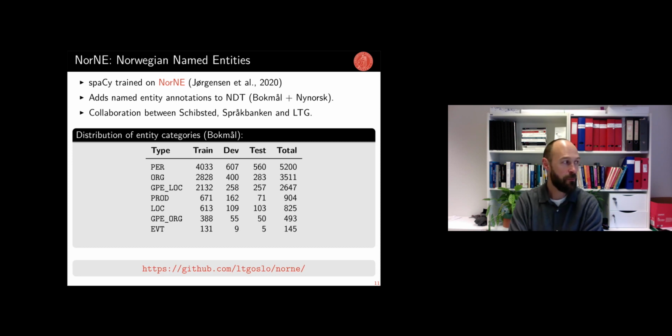So I think the previous example we saw with spaCy used in the demo, they used a limited label set. So Norge would maybe better have been classified as, if you use the full label set, a geopolitical entity in the location sense. Whereas locations in this NorNE dataset are typically reserved for natural geographical locations like Jotunheimen.